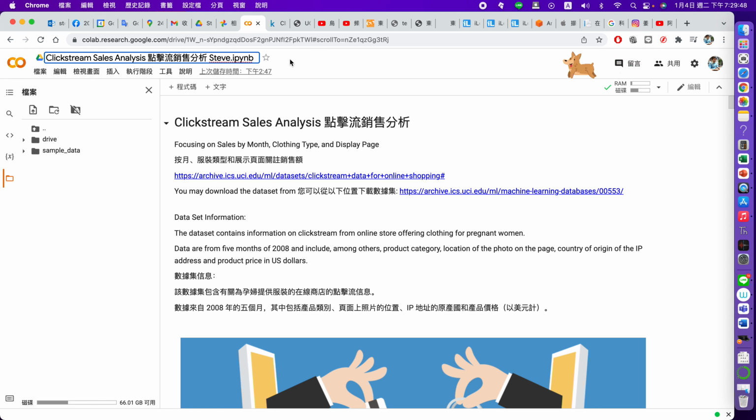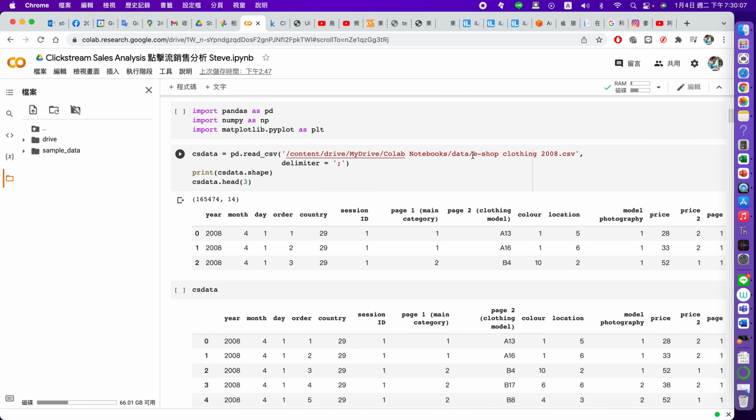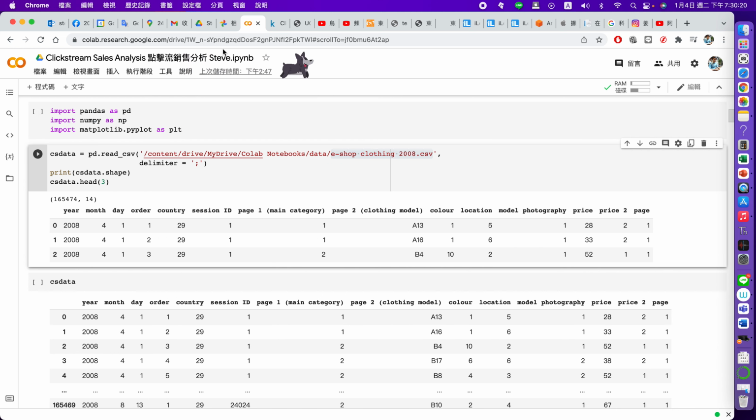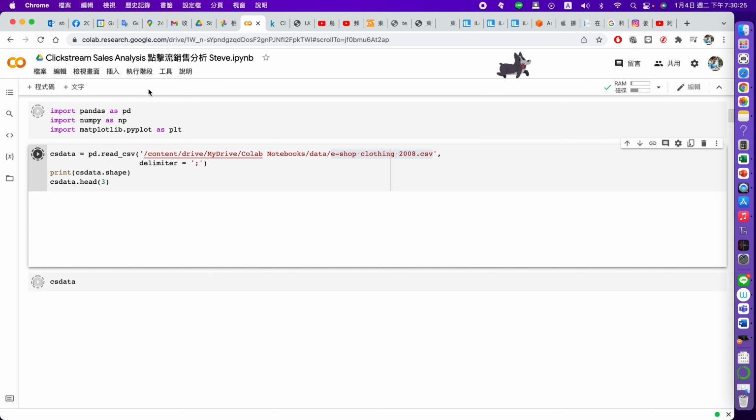When you have my source code, don't forget to mount your Google Drive first, and then submit the eShop clothing CSV file to your Google Drive. When you do this, you may run all the source code once.